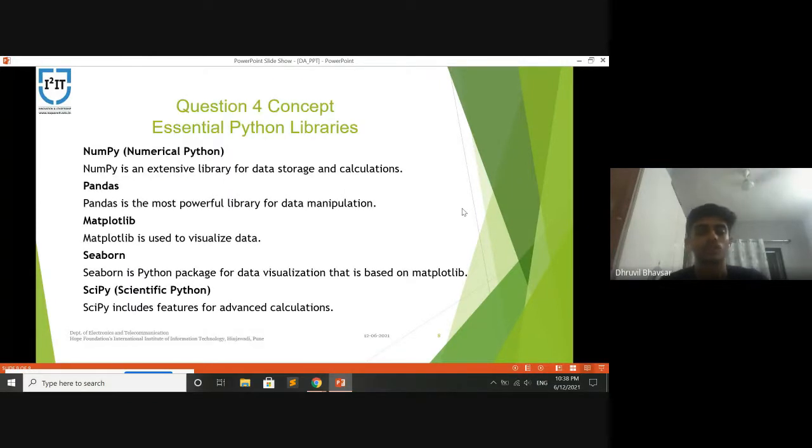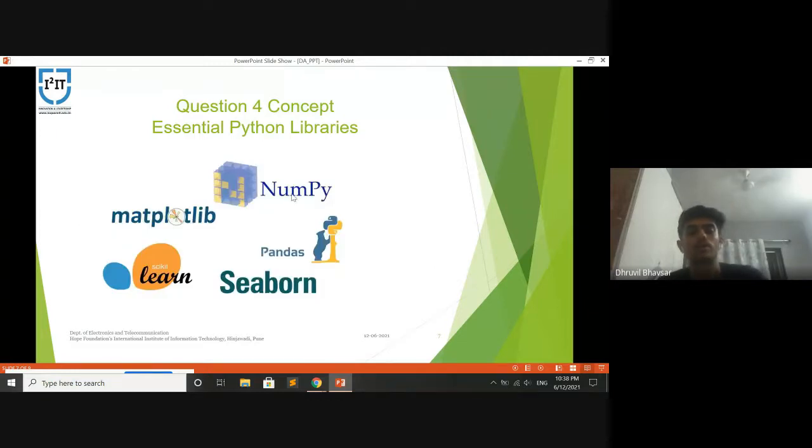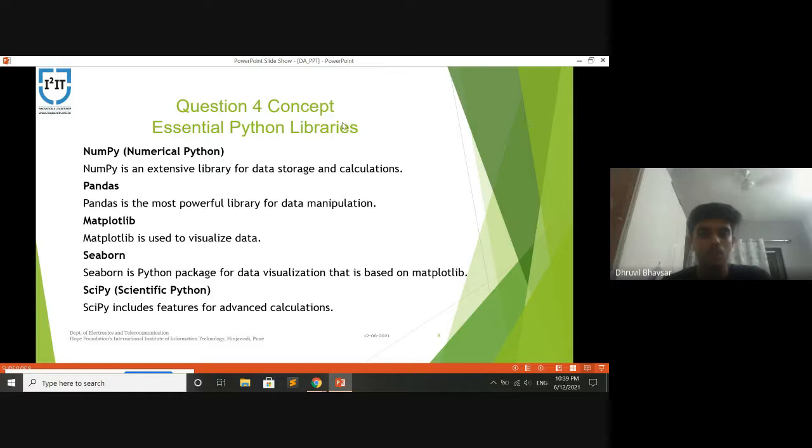For question 4, I have taken the concept of essential Python libraries. There are five main essential libraries in Python which are used in data analysis and many other things: NumPy, Matplotlib, Pandas, SciPy, and Seaborn. We'll start with NumPy.